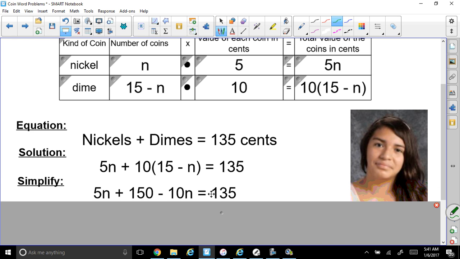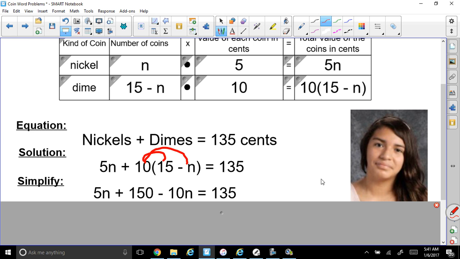So now I'm going to do my distribution. I have 10 times 15, that'll give me 150. 10 times minus N, that'll give me minus 10N. And so now, bring down my 5N, I have to simplify a little bit more. I notice I have a 5N on this side and a minus 10N.